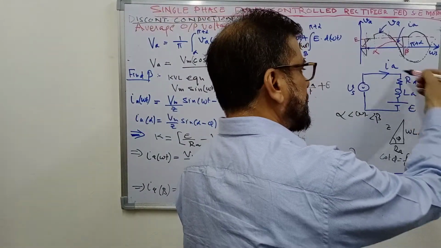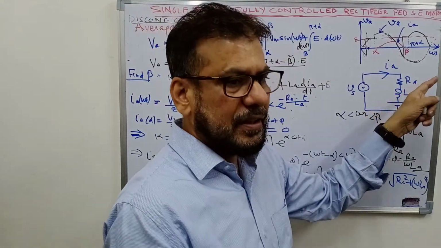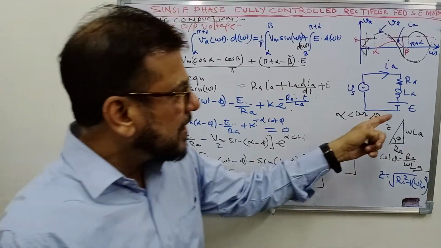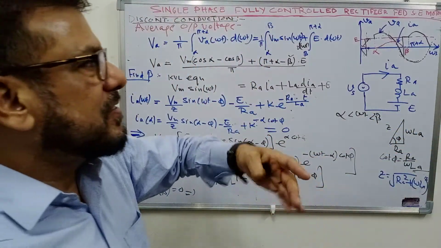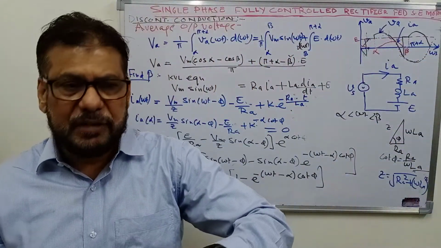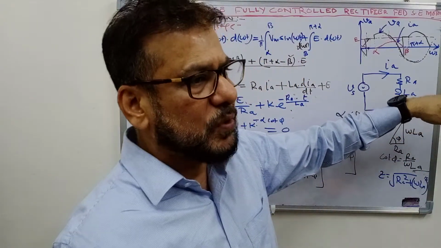The motor here I have shown as an RLE load: RA is the armature resistance, LA is the armature inductance, and E is the back EMF. During this variation in the output voltage, the speed remains practically constant because of the high inertia of the motor. So E can be taken as a constant voltage source.